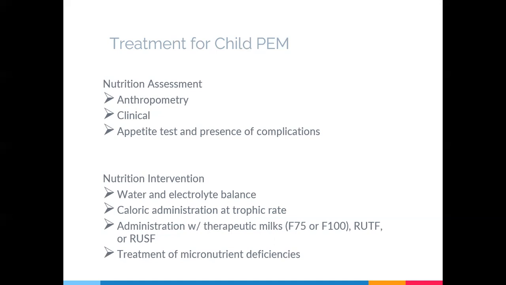Then ato pod atimanon ang electrolytes, dapat normal, dapat walay hypokalemia ang bata, because usually sa case sa PEM, hypokalemic ang bata, kulang ang potassium, kulang ang sodium, so ato sa na-correct. Okay, so mauna ang first na itong abuhaton.